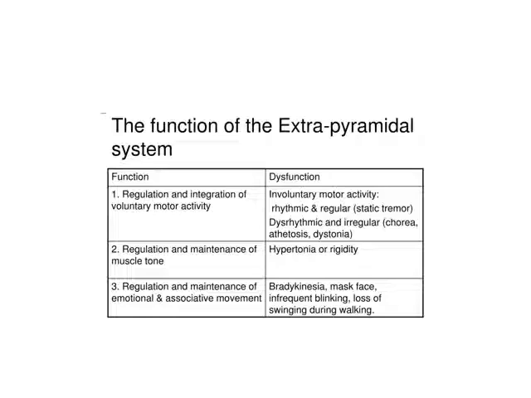We have swinging of arms during walking, which is an automatic movement found in all individuals, and this function is impaired in extrapyramidal system affection.